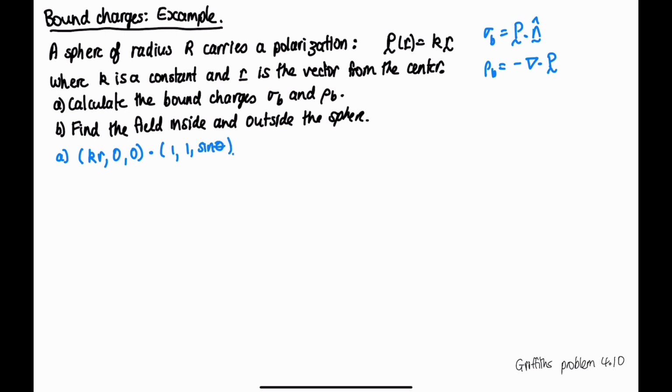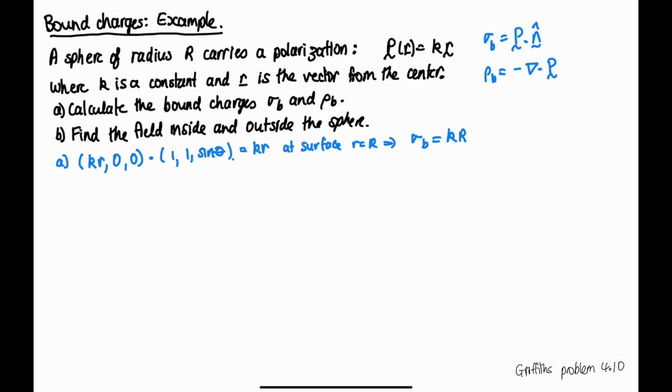And so you can see that the only component that we're going to get is kr. And the bound charges are all bound on the surface at radius R. So at the surface, little r is equal to big R. So this means that the charges bound on the surface are going to be given by kR.